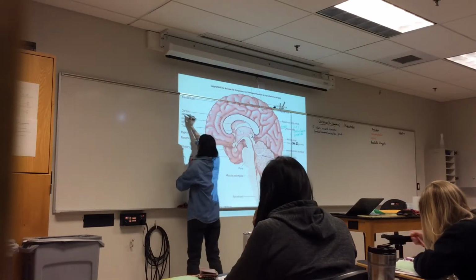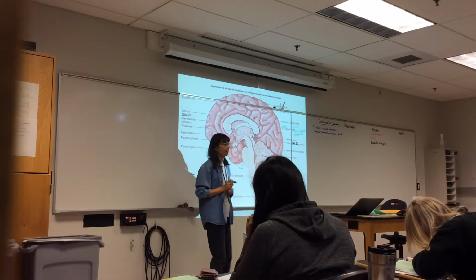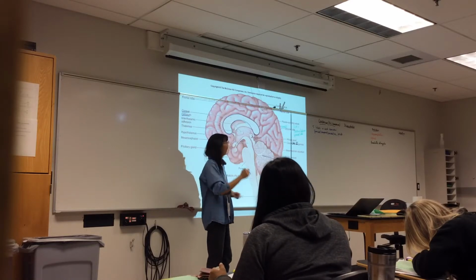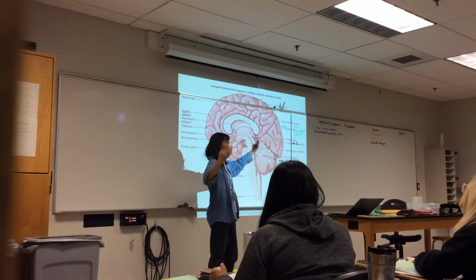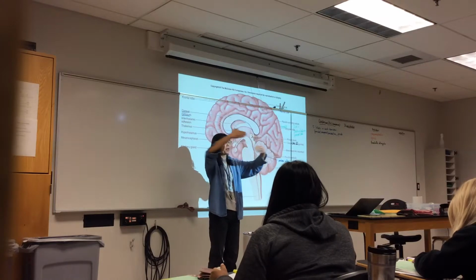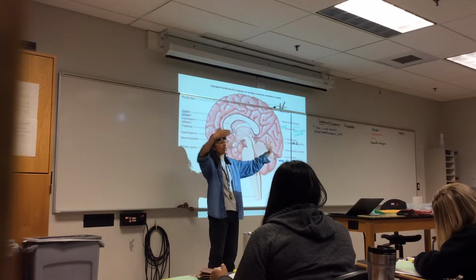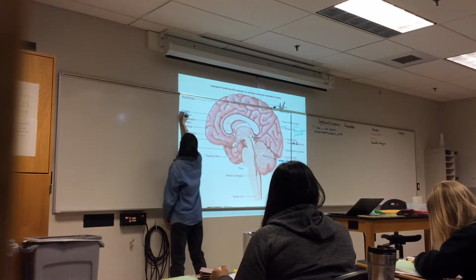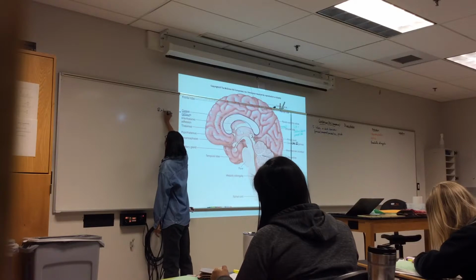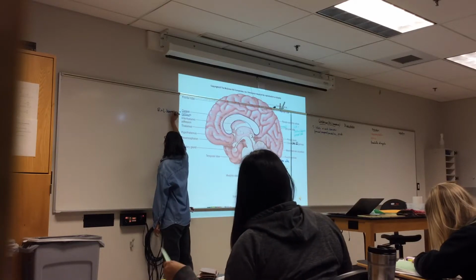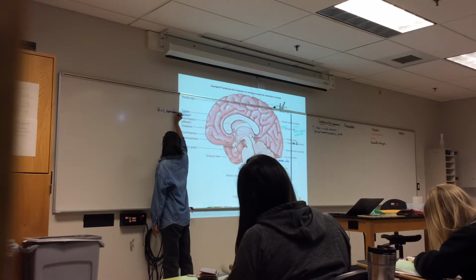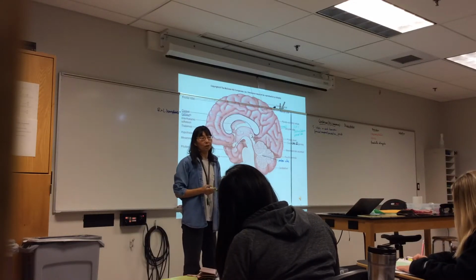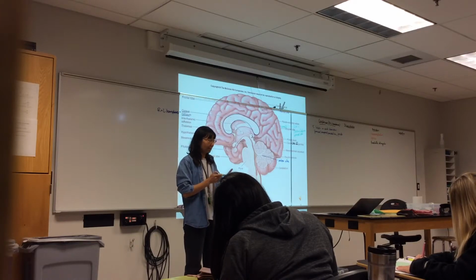So the whole thing is corpus callosum, also white matter. Now, this white matter goes across. This is a connecting neuron axon running right and left. This is what connects your right and left hemispheres. Right and left hemispheres are connected to each other by the corpus callosum.